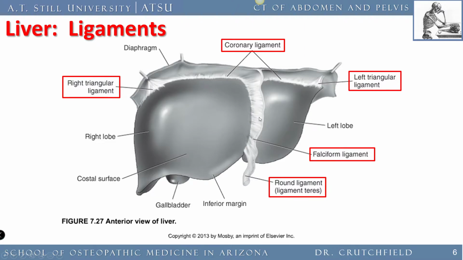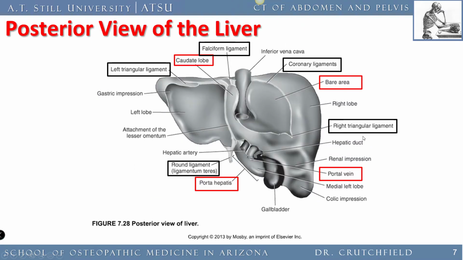So on the back side of the liver, of course, we can see the bare area where there is no peritoneal covering, and subsequently there is no pain fibers here. We know the inferior vena cava splits the liver into a left and right side, left lobe, right lobe.